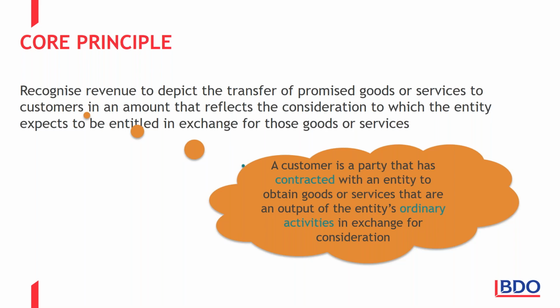The standard clarifies that a customer could also be if you, an organization, receive funding from government and you then have to spend that money on behalf of government to feed the homeless or to provide counseling services to people who are rehabilitating from drug or alcohol problems.